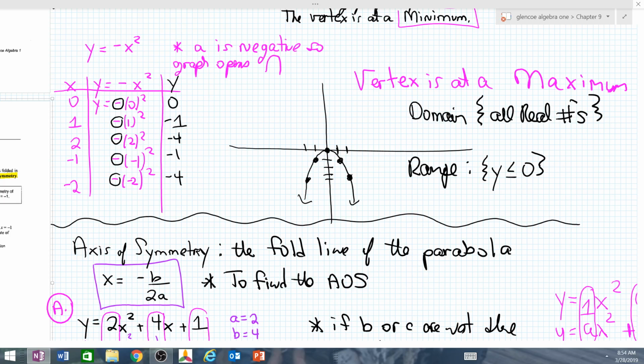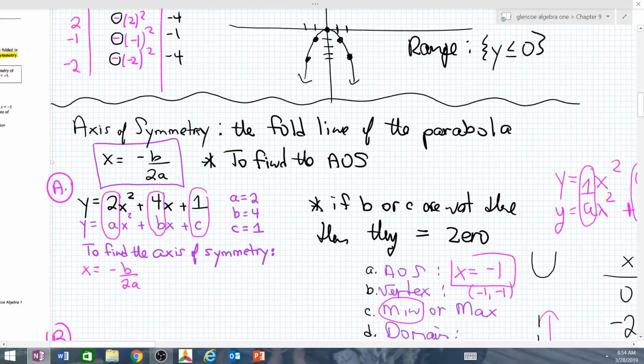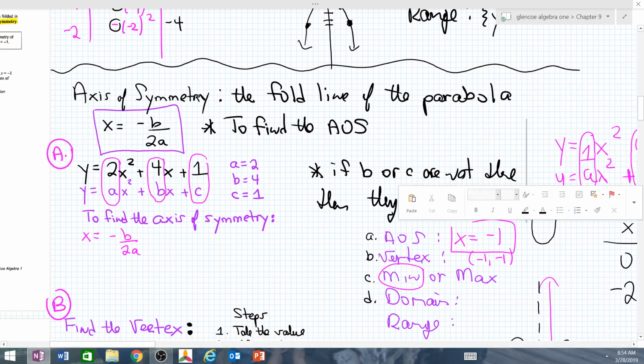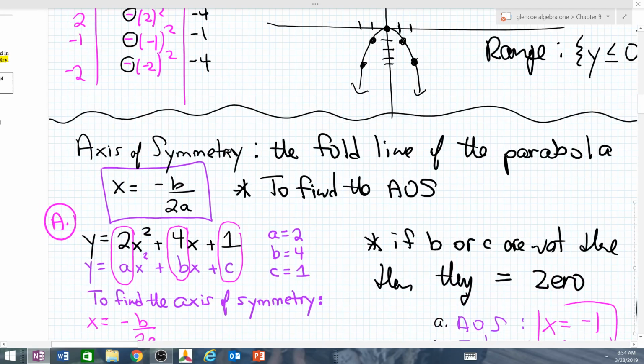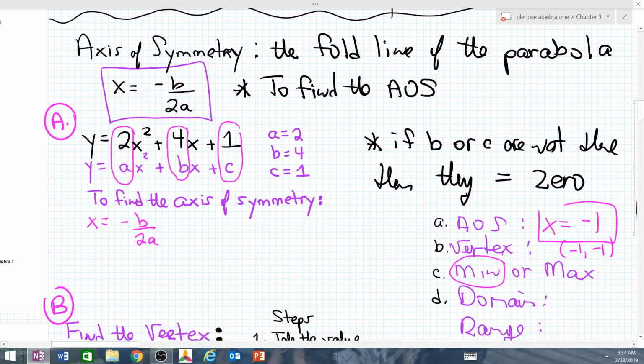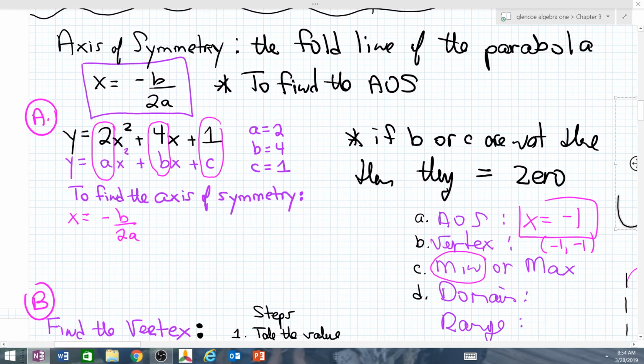I want to take it to the next concept: how do you find the axis of symmetry? One more time, the axis of symmetry is the fold line of the parabola. On the graph, you can depict the axis of symmetry with a dotted line. The equation to find it is x equals negative b over 2a.